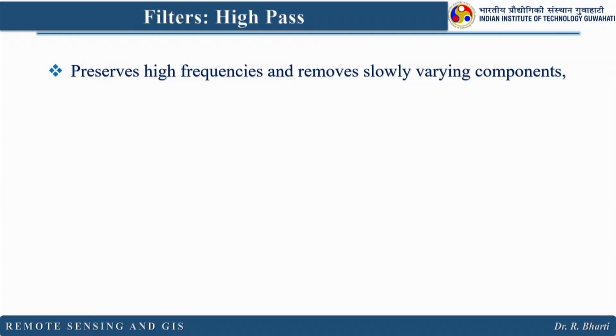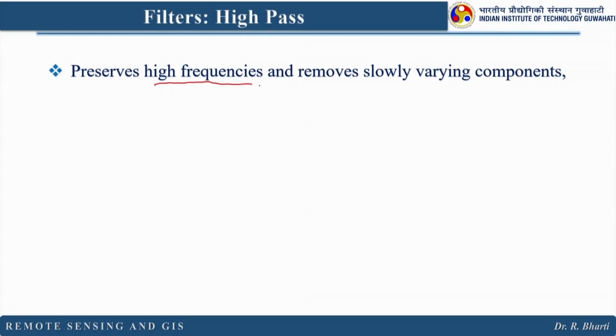In high pass filter, as I told you, it will allow high frequency DN values and suppress low frequency DN values. So it will be the inverse of your low pass filter. It preserves high frequencies and removes the slowly varying component.